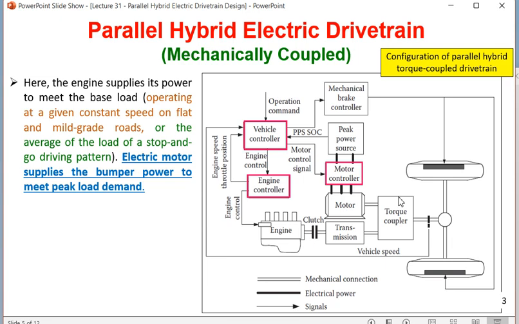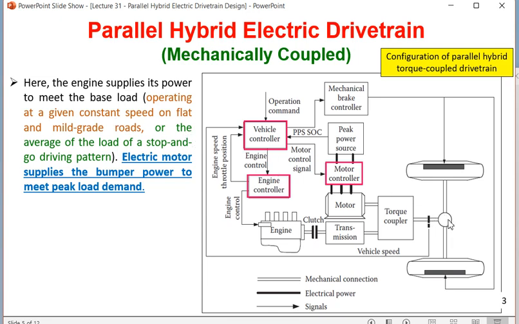So we find reverse direction power flow, and that power flow will come and charge the peak power source. So there are three conditions: constant speed on a flat road, constant speed on a mild grade road, or the average of the load of a stop and go driving pattern. During all these three, the engine supplies its power to meet the base load. That means the engine supplies its power to the axle or differential.